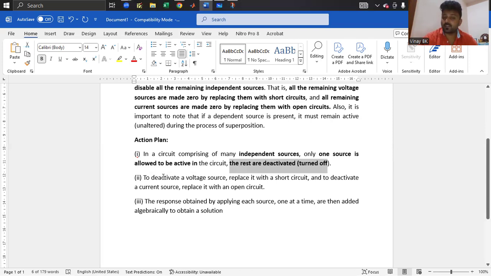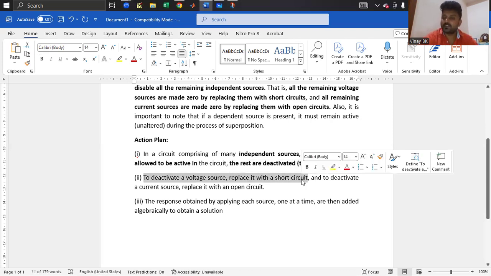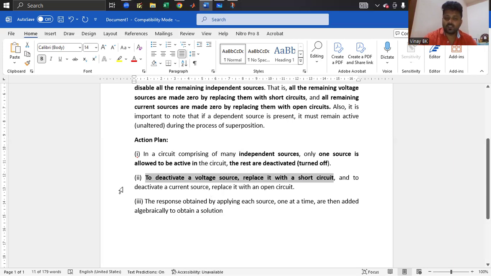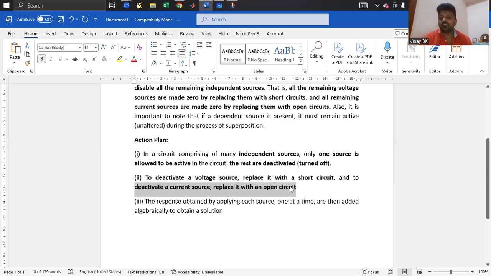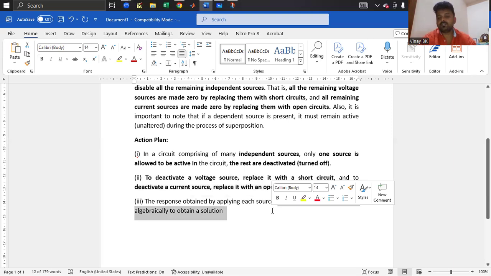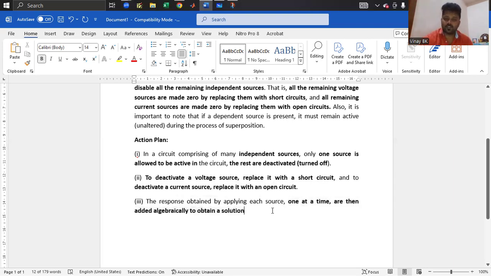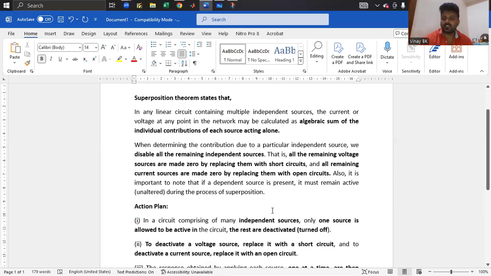To deactivate a voltage source, the voltage source is replaced by a short circuit, and to deactivate a current source, the current source is replaced by an open circuit. Then you need to find the response obtained by applying each source one at a time, then add them algebraically to obtain the solution. So this is how you need to remember the superposition theorem.